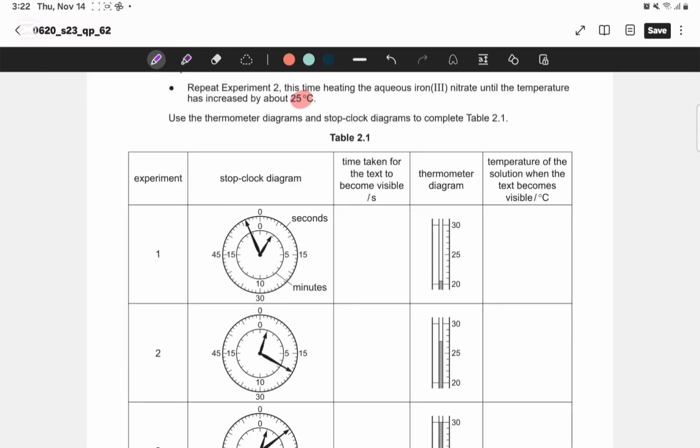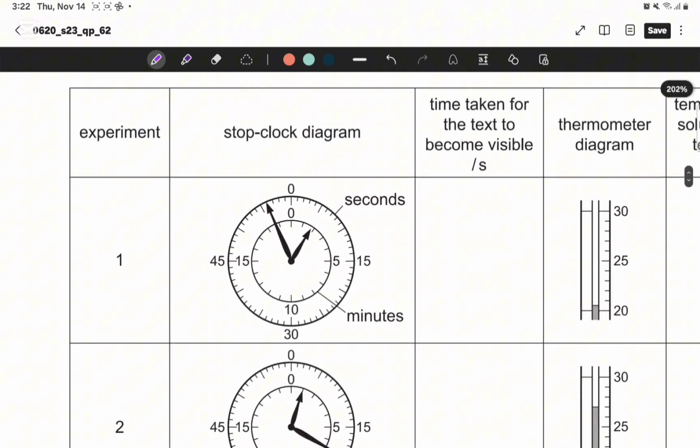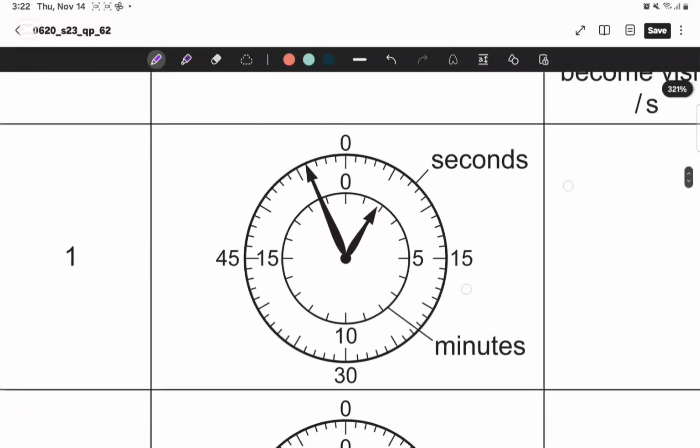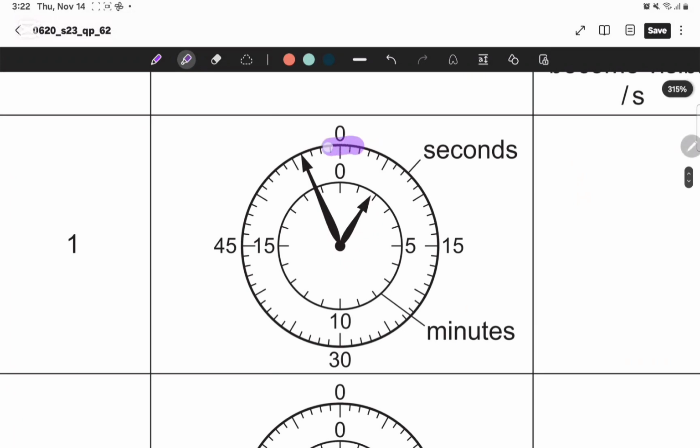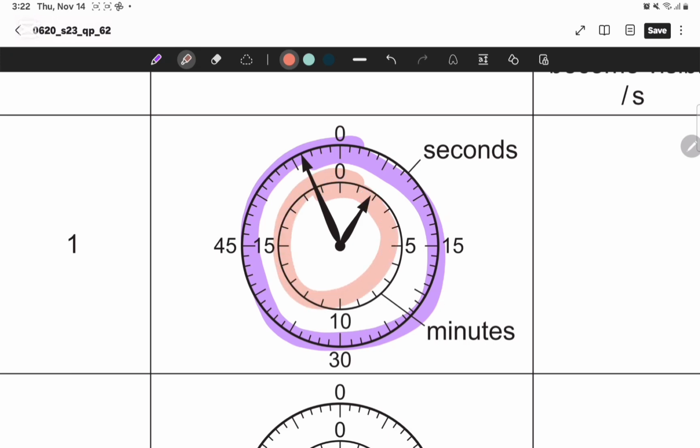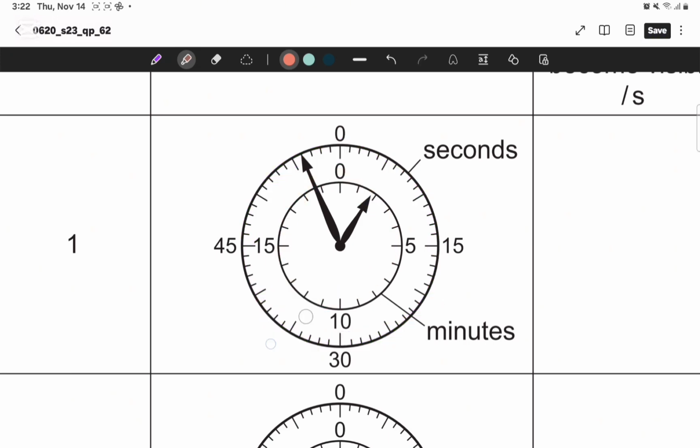Okay, so here we're going to have to read the stop clock diagram. I'll show you how. The circle that's outside is the seconds, they labeled it. The circle inside is the minutes. The longer arrow is for the seconds, the shorter arrow for minutes.